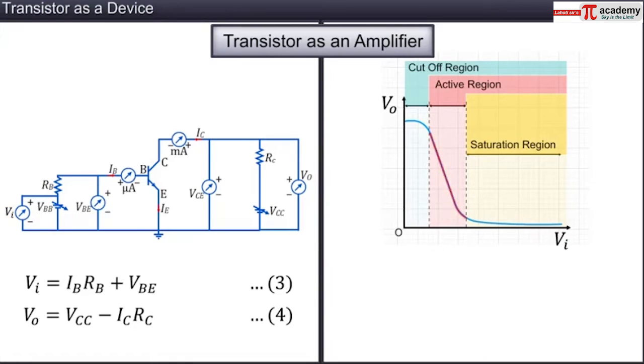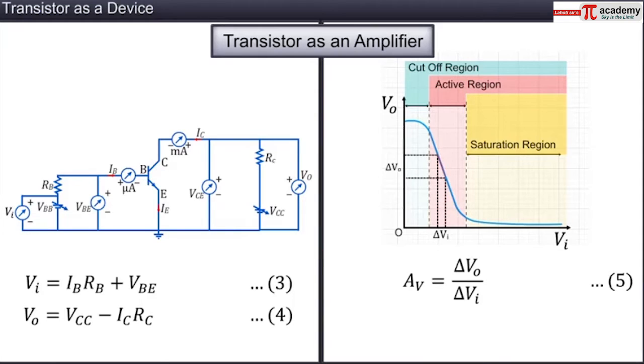If delta VI and delta VO are the small changes in the input voltage and the output voltage, then the ratio of the change in output voltage to the change in input voltage is called small signal voltage gain. That is, AV is equal to delta VO by delta VI. Let this be equation 5.